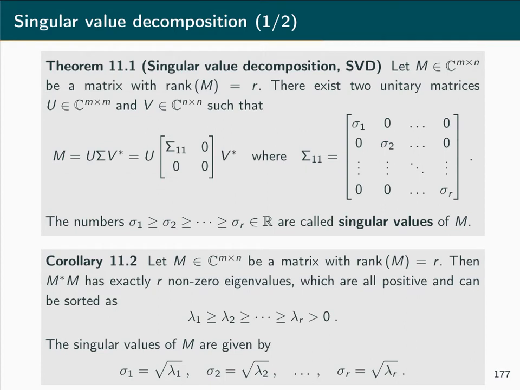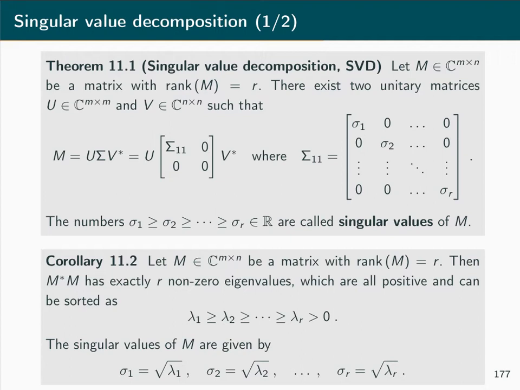To reiterate this, we can compute the singular values of M through the eigenvalues of M star M, namely by taking the square roots of these eigenvalues, and moreover, we can find the matrix V by computing the eigenvectors of the matrix M star M, as we have seen in the proof of Theorem 11.1.